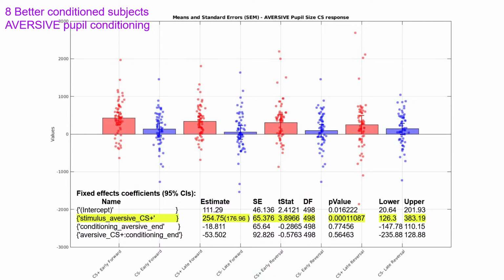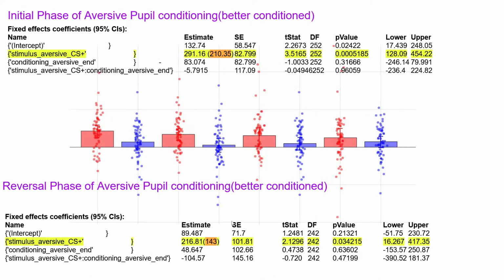The pattern is pretty much the same as for all subjects. Mostly nothing changes here except the appetitive conditioning. The aversive conditioning is almost the same, but the responses are higher. The overall difference between CS plus and CS minus is 0.25 millimeters with the same level of significance, and previously it was 0.17.